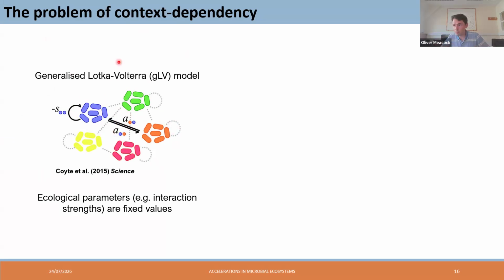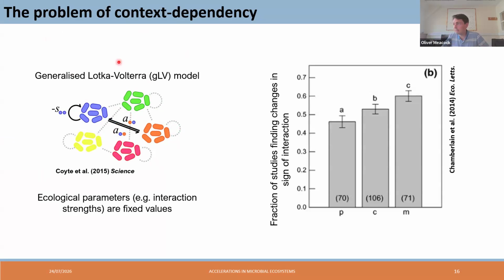And what people have been discovering in recent years is that actually these don't seem to be fixed. This is a meta-analysis of a lot of different studies that basically tried to measure these interactions between different populations. And they found that depending on the context in which these interactions were being measured, so this might be in different communities, or in different environments, or lots of different contexts, you find that the sign of the interaction can actually change.